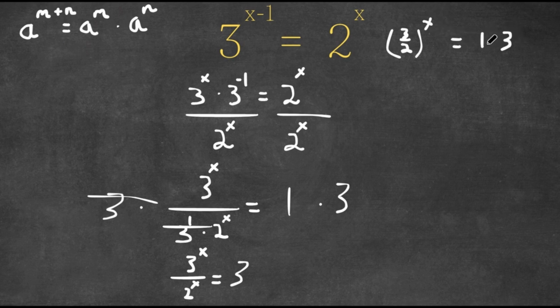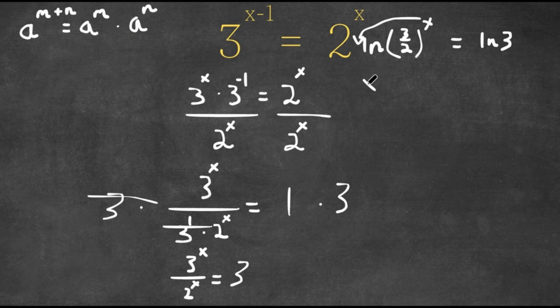Now if I take the ln of both sides, this exponent can actually be moved to the front of the ln because this is an important property of logarithms.